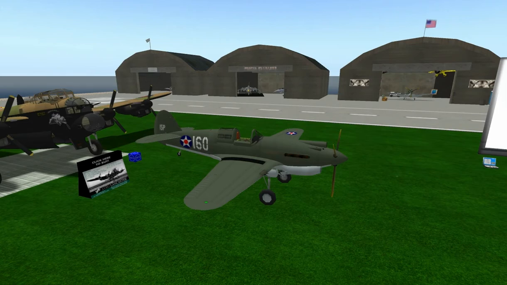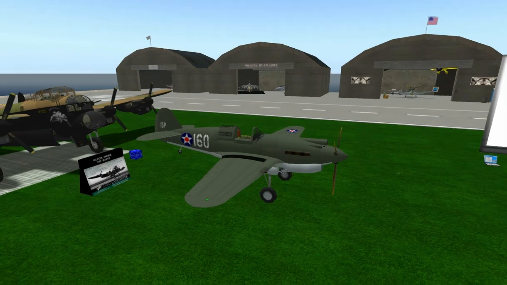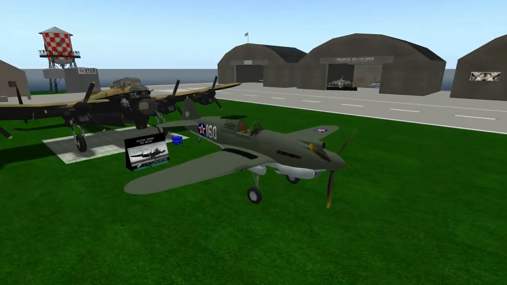Roll is this direction. So this is rolling the airplane. I can roll it left or I can roll it right. It's on the horizontal axis of the center line through the aircraft. So that's roll. So we talk about pitch, roll, and yaw.